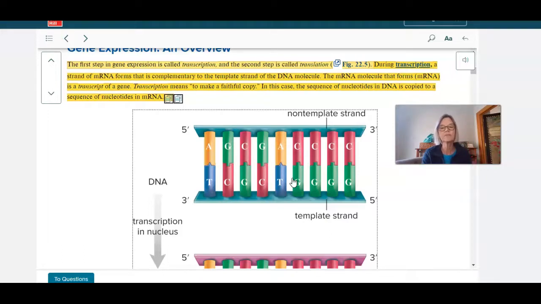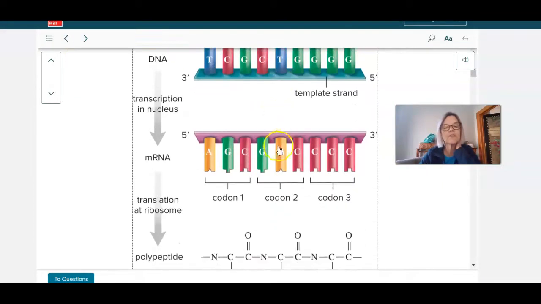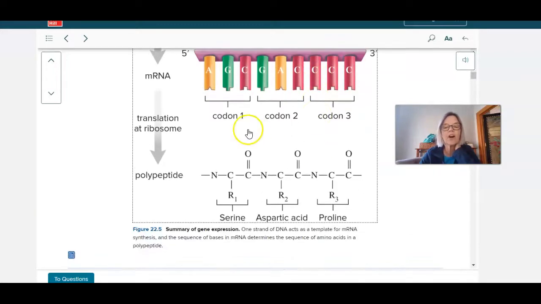But every time you copy DNA, there's a possible mistake that can happen, and that mistake can result in a wrong base pair being put into the DNA. As a result, you could end up with an RNA sequence that also has a wrong base pair from the original sequence, and that could also result in a wrong amino acid in the protein.